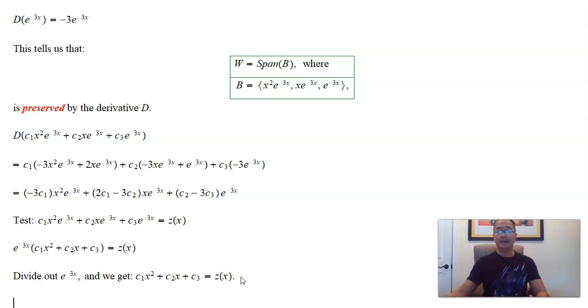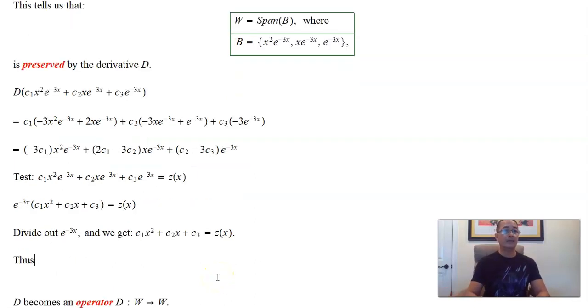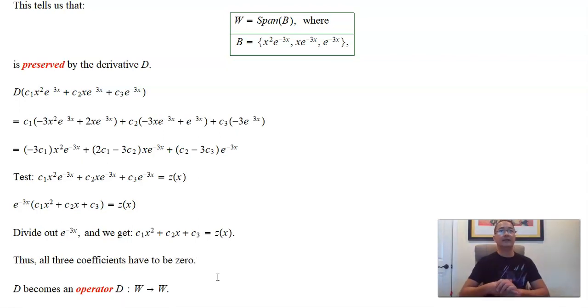We had a theorem, and it said that thus all 3 coefficients have to be 0. Okay, so that tells us that this B really is the basis for W equals the span. It's an independent set, it spans W, it's a basis.